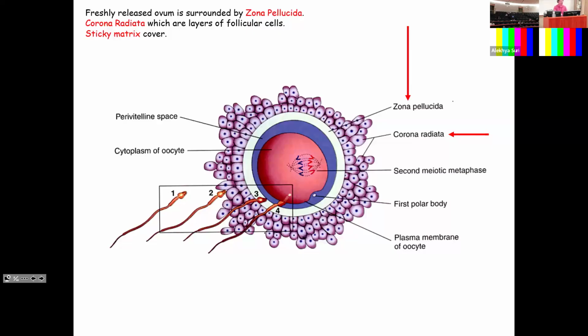That's what I was saying, that the sperm needs to get rid of these cells and go through the cells and bind to the zona pellucida.